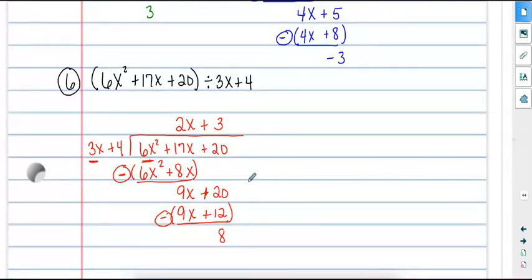There's nothing else to bring down, so this is our remainder. So we're going to say plus 8 over 3x plus 4. Okay, here's our quotient. So that was number 6. Okay, number 7.